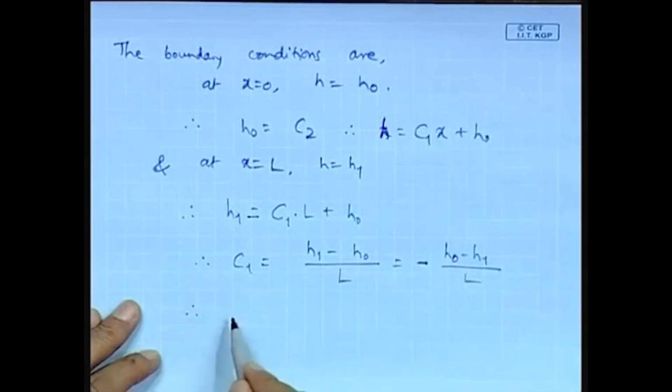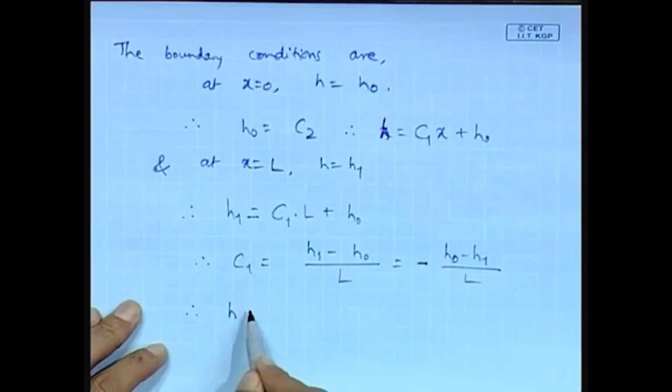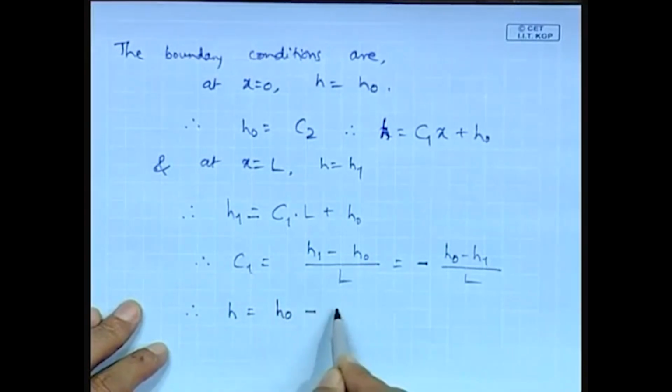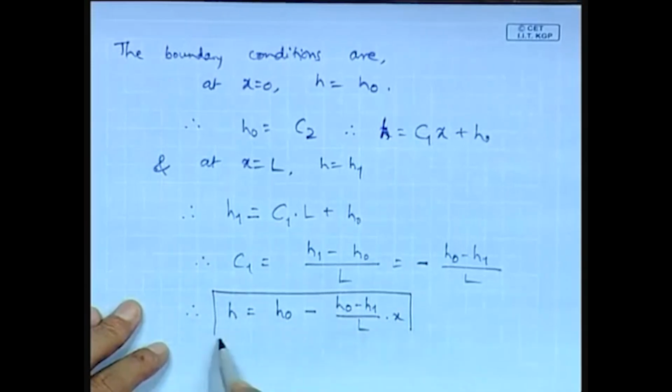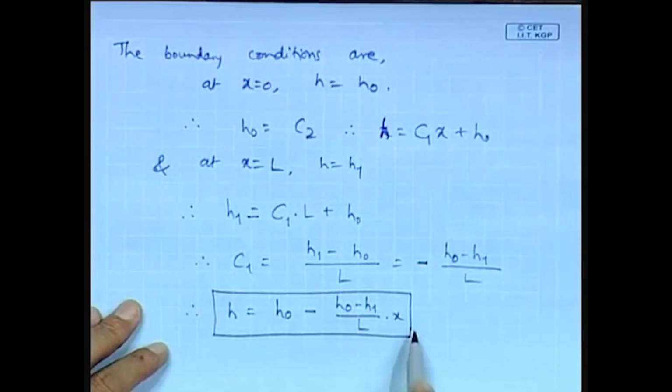So, after evaluating both the constants, we get H is equal to H0 minus H0 minus H1 by L into X. So, this is the expression for head at any general section, which is at a distance of x from the upstream water body.